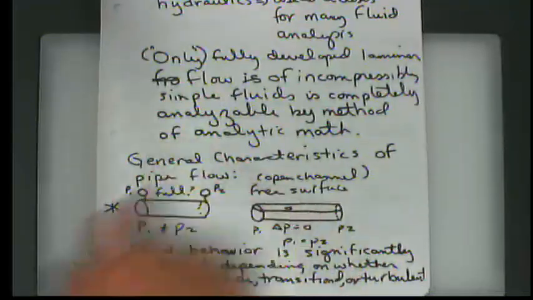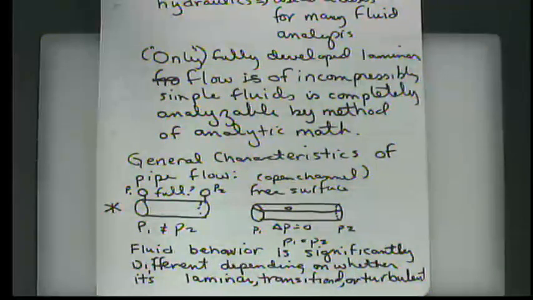So the one thing about fluids that can be confusing, or maybe not confusing but confounding, is the fact that only a fully developed laminar flow of incompressible simple fluids is completely analyzable by methods of analytic math.